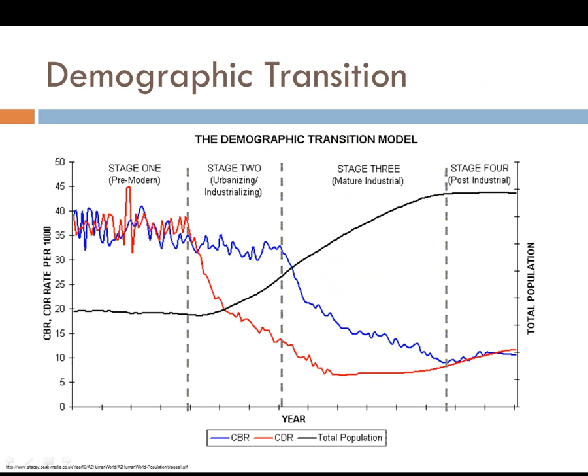So here we have our crude birth rate, which will fluctuate year to year, and our crude death rate. And in the pre-modern or stage 1 economies, these numbers kind of oscillate back and forth, and they're both quite high. And here would be the total population. But at stage 2, we see this big fall off in the crude death rate, whereas birth rates stay high.